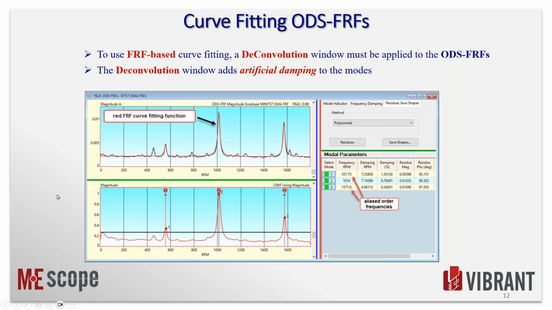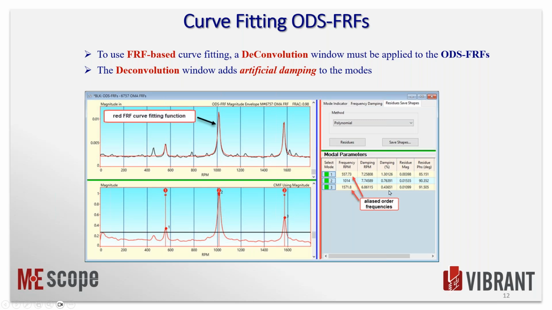So we're going to curve fit this data, and I'll take you through the slides, and then maybe if there's questions, we can go back and actually curve fit the ODS-FRF data. But there's a couple things that go on here. You can see the red curve fit function. We use the quick fit, and it's going to not only measure the frequency of the resonance peak, so we know that 1,000 is correct, these other two frequencies are aliased, but it's going to measure damping in RPM.